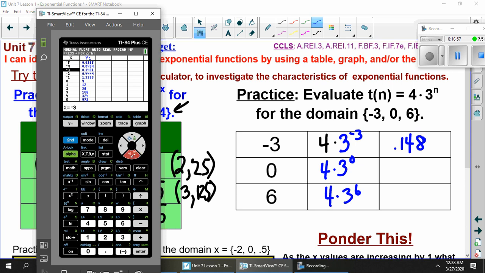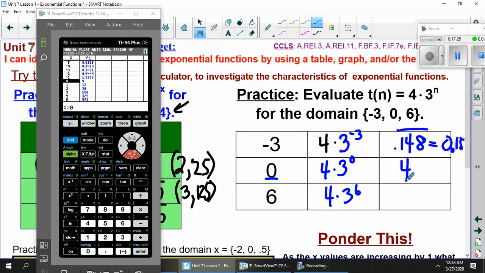It repeats over and over again, but honestly, if you round it, it'll probably be to the nearest hundredth, so it would be 0.15, right? Then I'm going to go down to 0. When the input x is 0, the y is 4.